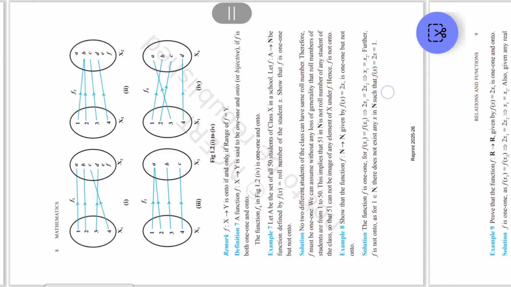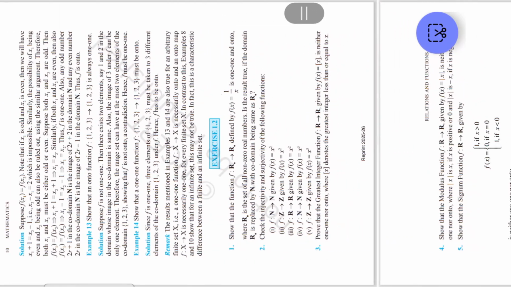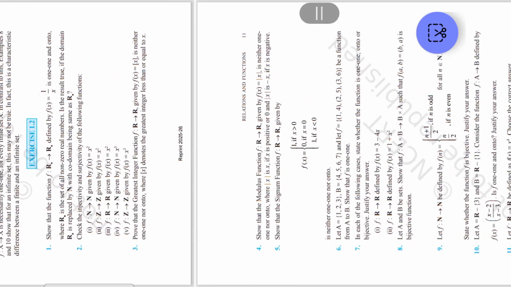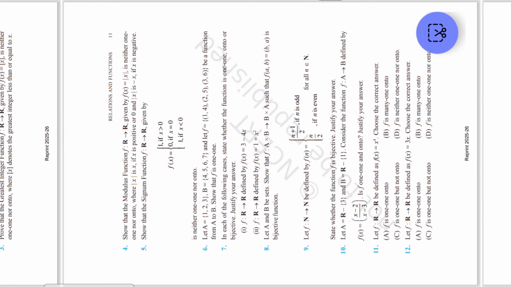Then coming to exercise 1.2, in this 1.2 a question asks for 5 marks, in the seventh, sections A and B are important.